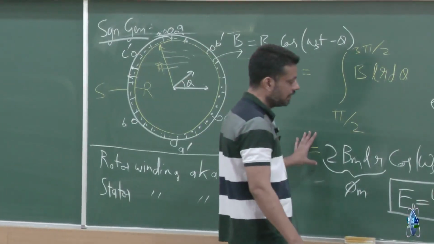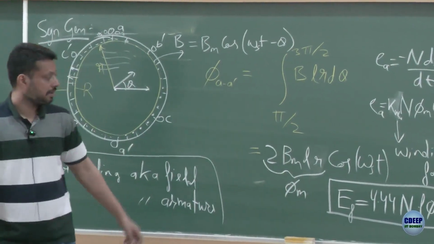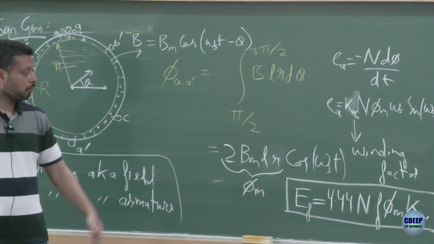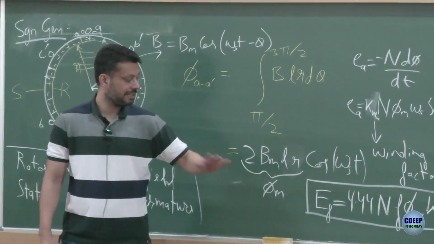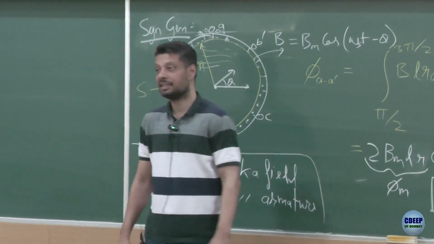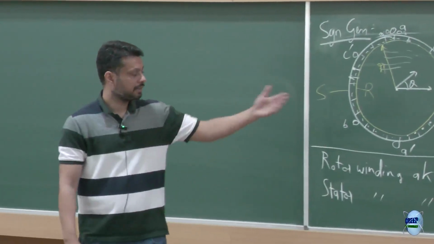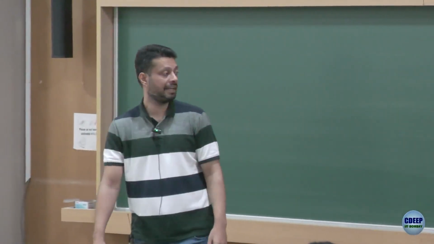Okay, so you get an induced voltage formula which is 4.44 times N f phi_m k omega. What it means is, if you just look at this EF, if I increase the current that is flowing in the rotor, what will be the effect on EF?